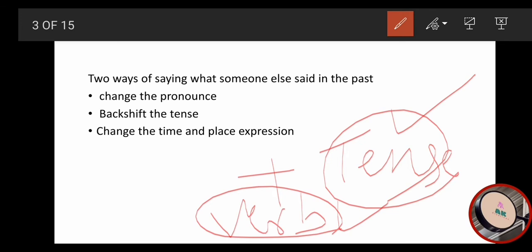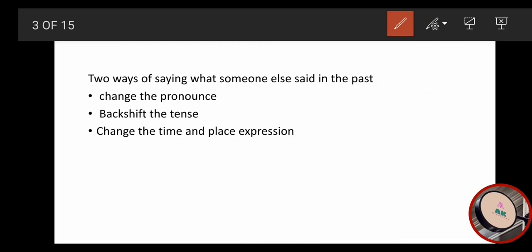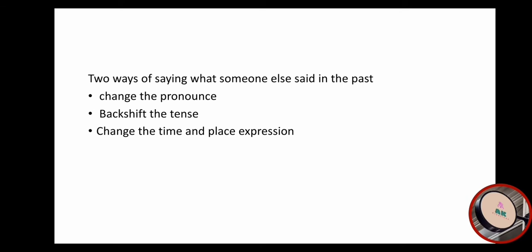So the engine is very important. The English language engine is the verb. The tense is just like a backbone. You should know the backbone of the English language, that is the tenses, right? Now we'll move on to the examples.